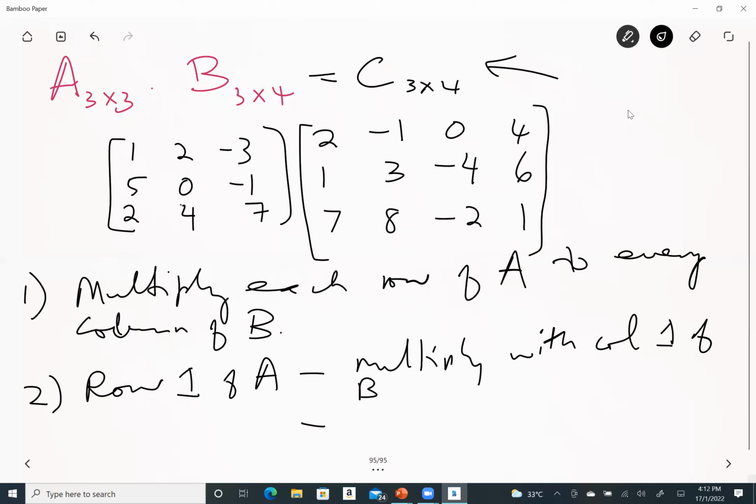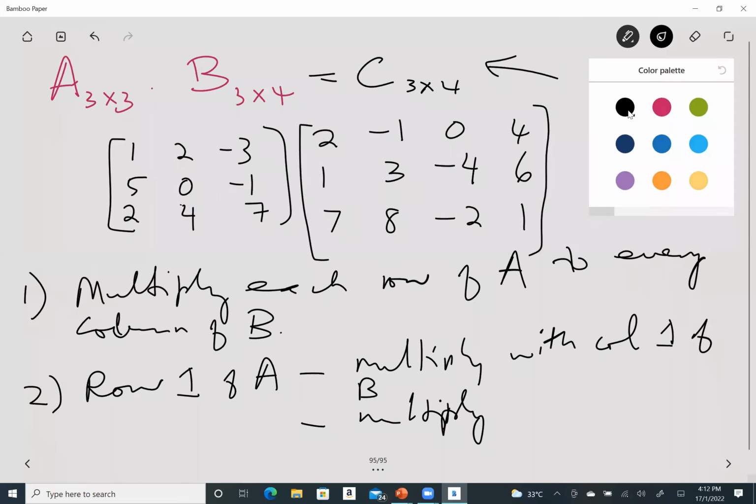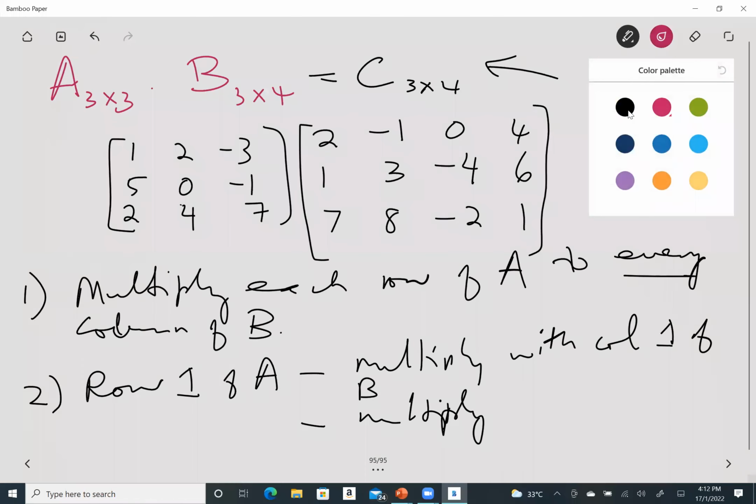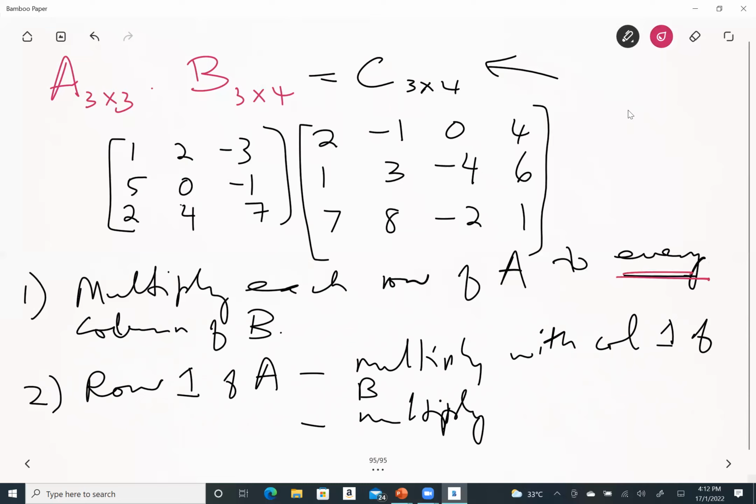Then, what else do I need to do? That is not enough, because the rule says every. I use a different color. Every. So row 1, you multiply with column 1. And then you multiply with column 2.